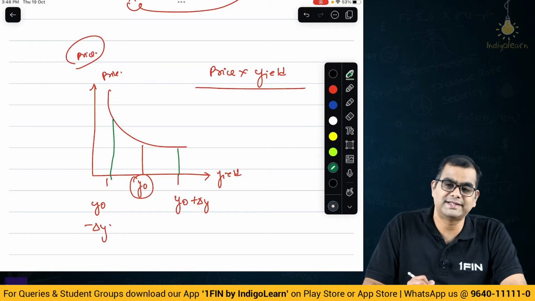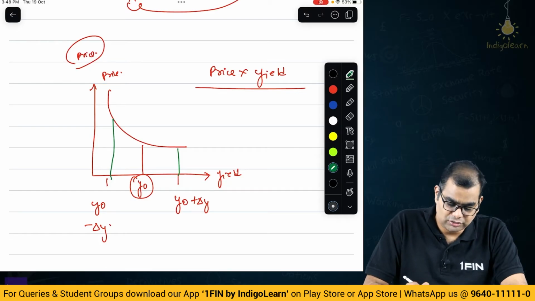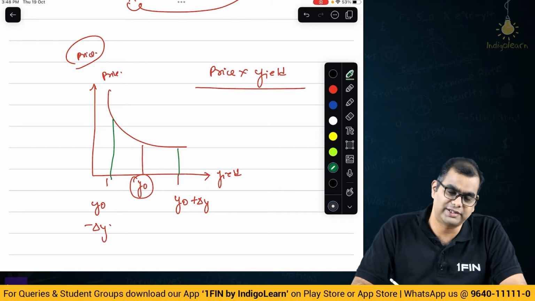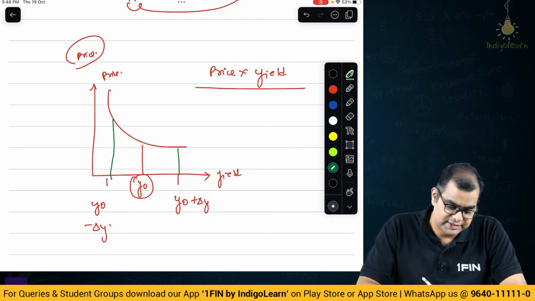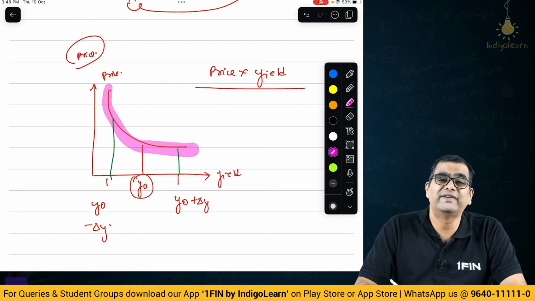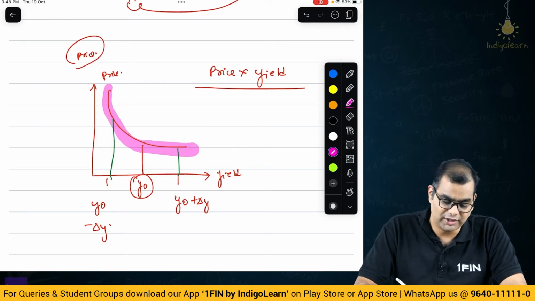One more very important thing you should note is that this particular curve is convex in nature.